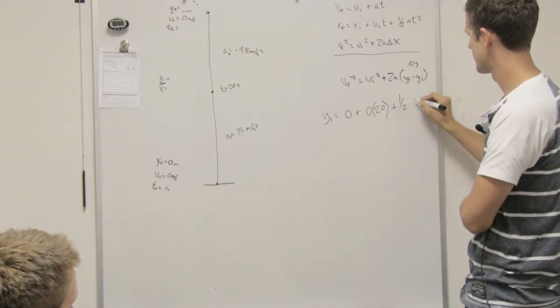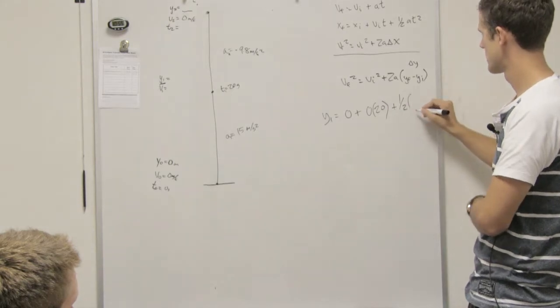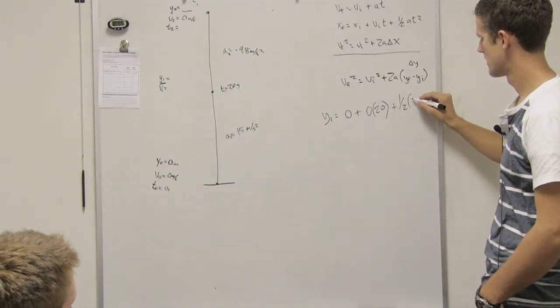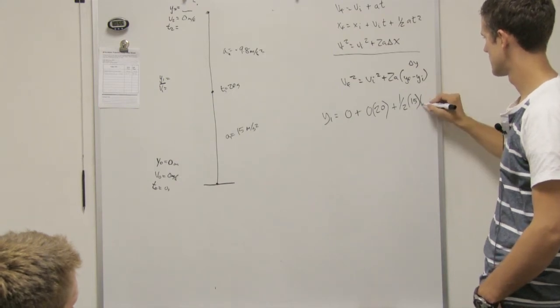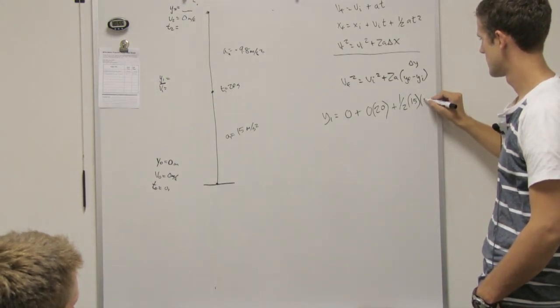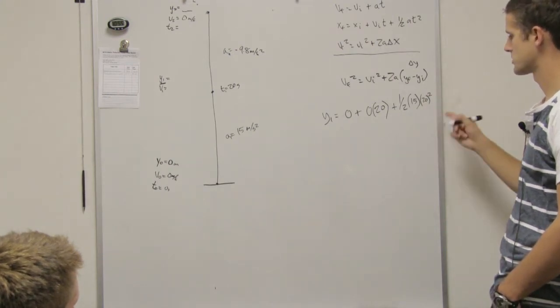Plus 1/2, what's your acceleration? 15. And then your time? 20. So 1/2 times 15 times 20 squared.